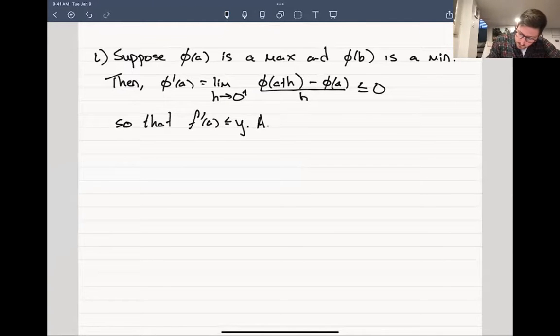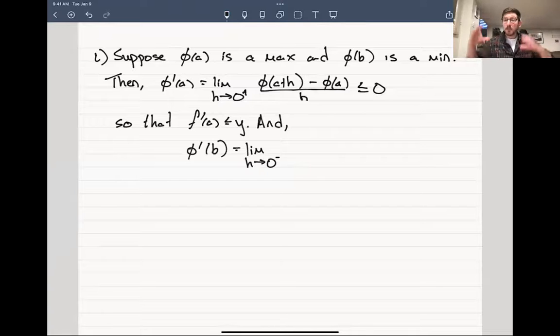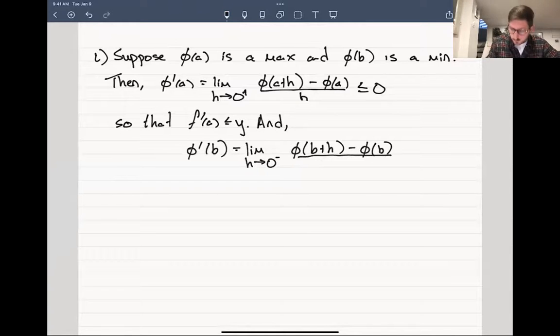Now, what else happens? Well, we can do something similar. We can say phi prime of b. This is, again, the limit as h goes to 0, this time from the left. Again, closed interval, approaching it from the one side that we can approach from. Phi of b plus h minus phi of b divided by h.